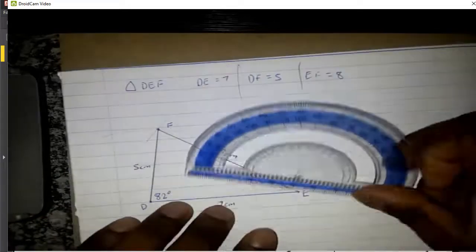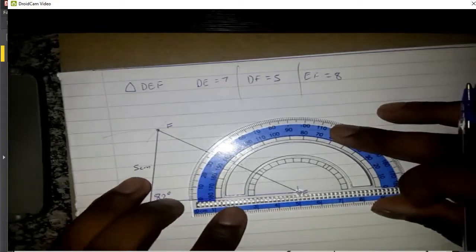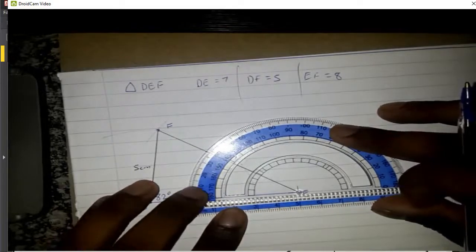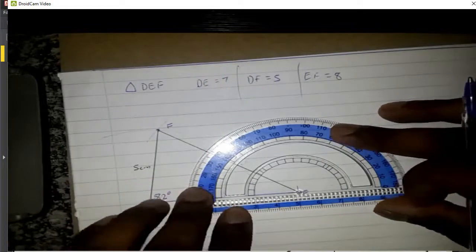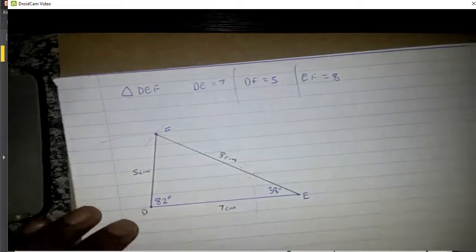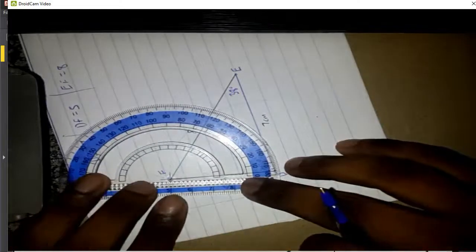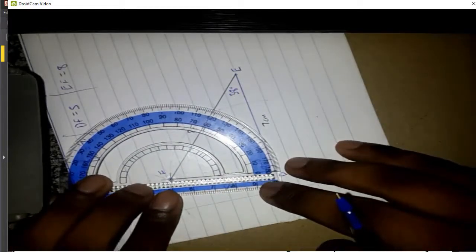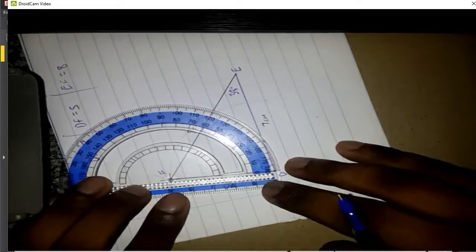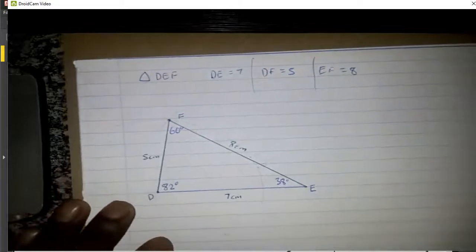Let's measure angle E. Angle E, we've got 38 degrees. And if you measure this angle here, this is 60. Can you see the 60? So this here is 60 degrees.